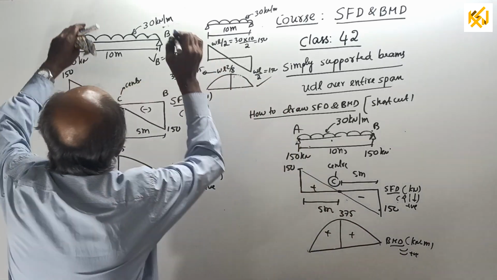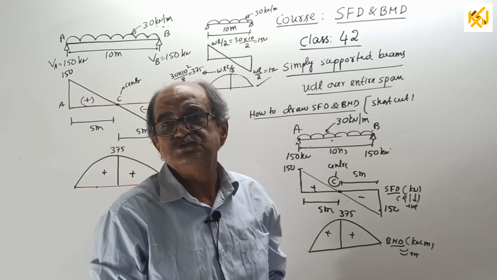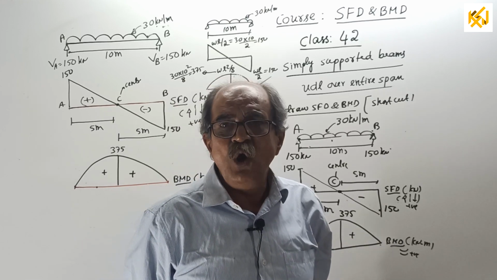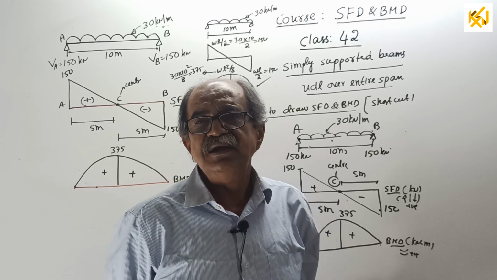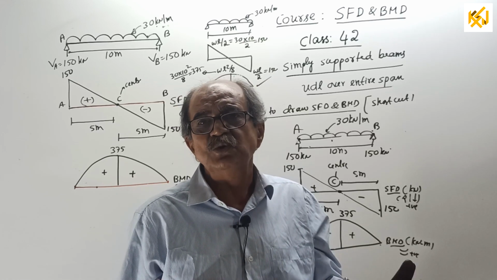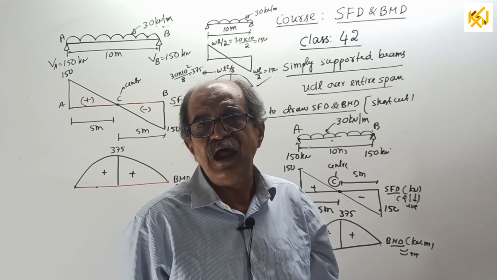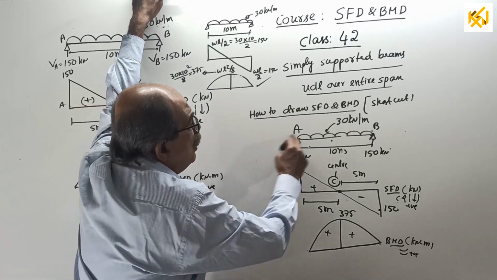Sometimes, instead of giving intensity, they give total load. Or, in the bookwork, they will tell the total load due to UDL. So, instead of giving W per unit length, they can give the total load. Not difficult, very simple. That I will take next class, and then goodbye to simply supported beam with full UDL.